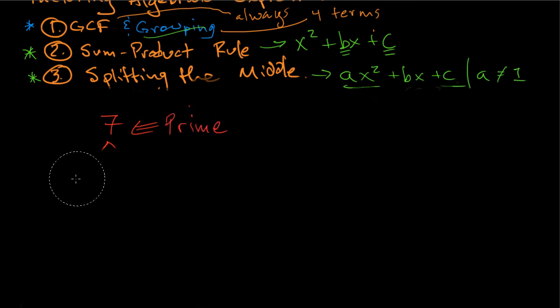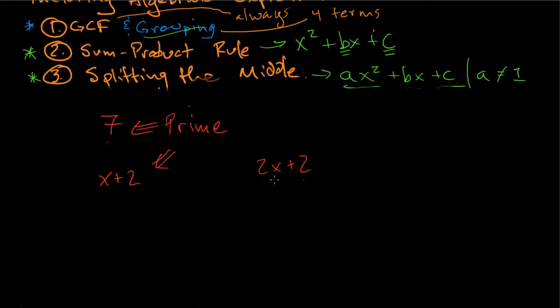Well, just like we have prime numbers, we have prime polynomials. So x plus 2 is a prime polynomial. We can't factor it anymore. 2x plus 2 isn't prime because it can be factored by using the greatest common factor.